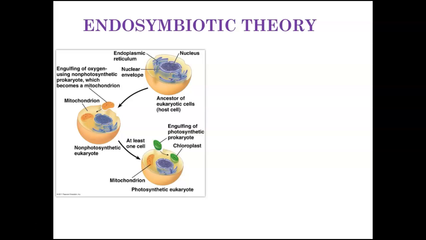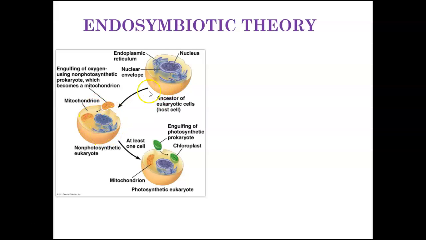This is a fascinating theory that is used as evidence of common ancestry and provides a link between prokaryotes and eukaryotes. It is believed that mitochondria and chloroplasts were actually independently functioning organisms that were engulfed by a eukaryote.